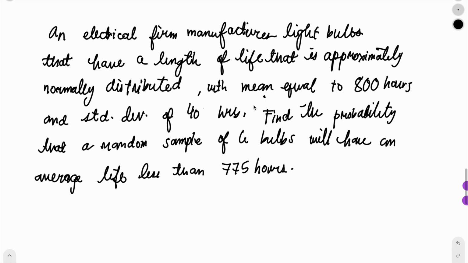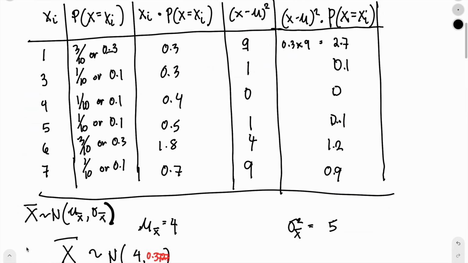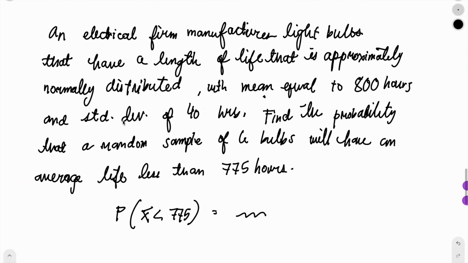So, this is the probability that x bar is less than 775. For this one, you don't need to do the probability distribution table, because you already have these values in the problem.